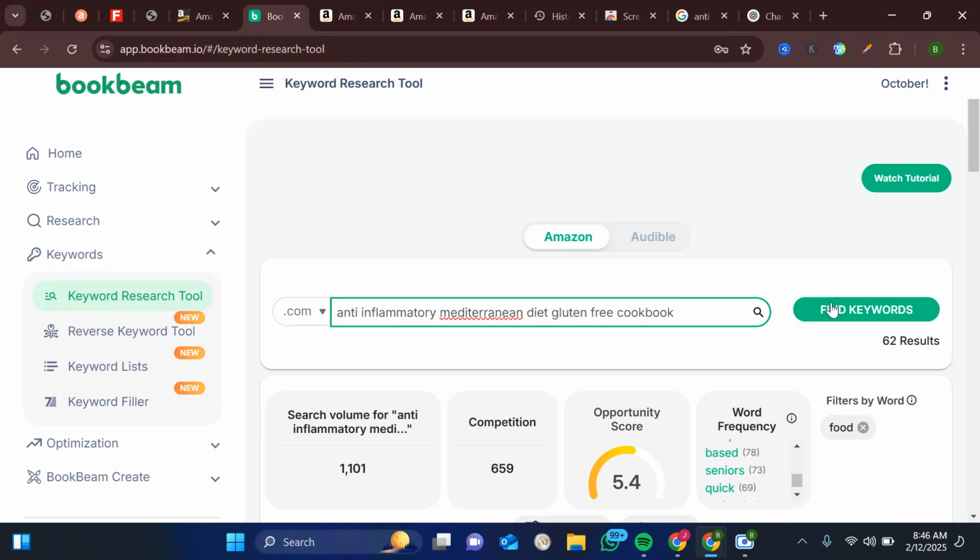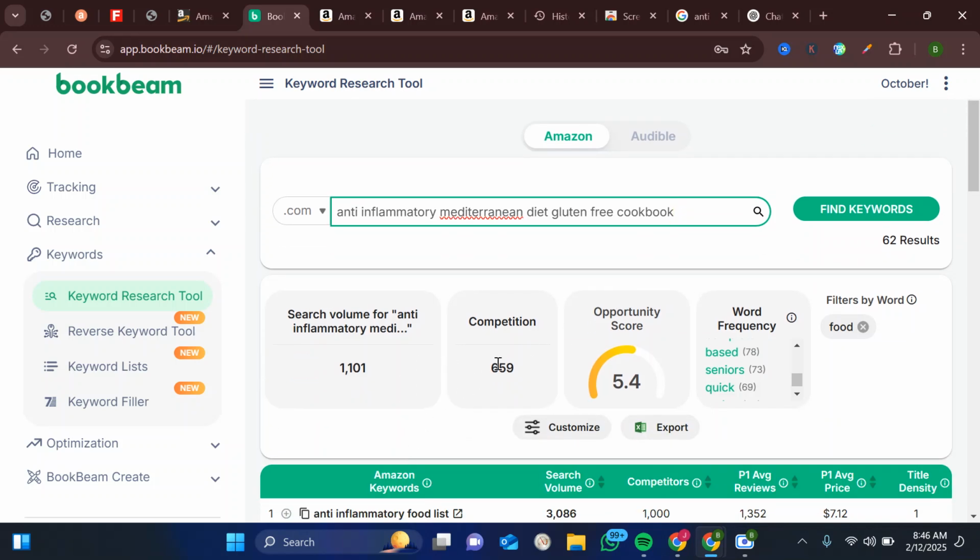You will see that it gives you a better search volume, competition will be low, and the opportunity score will be high demand and low competition. I learned to do this keyword research recently. Cheers.